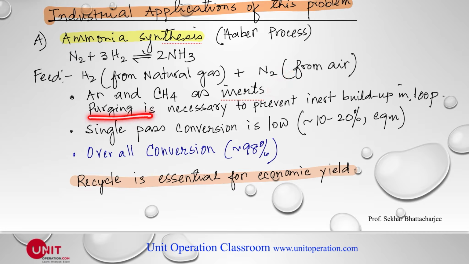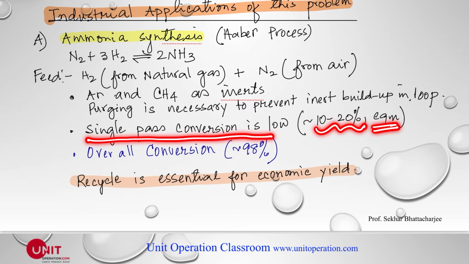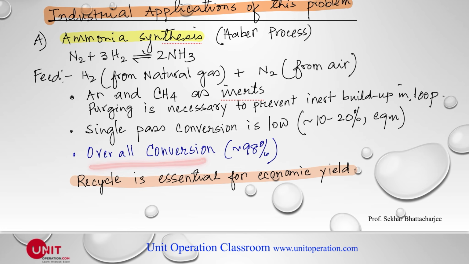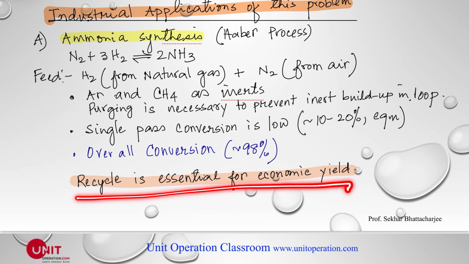So purging is necessary to prevent this inert buildup in the loop. And the interesting thing is the single pass conversion is around 10 to 20%, whereas the overall conversion is 98%, and that is achieved by proper, intelligent designing of the reactor. That means recycling and the purging of the system. So recycle is essentially for economic yield.